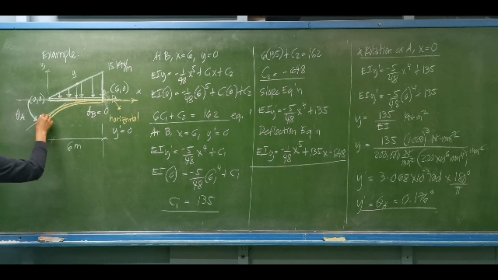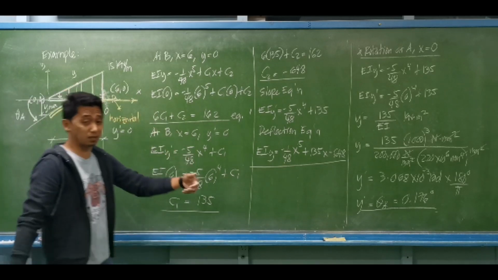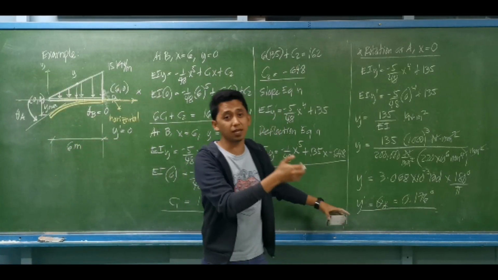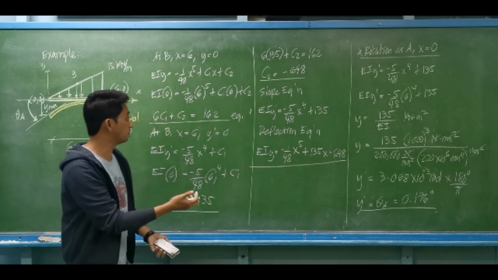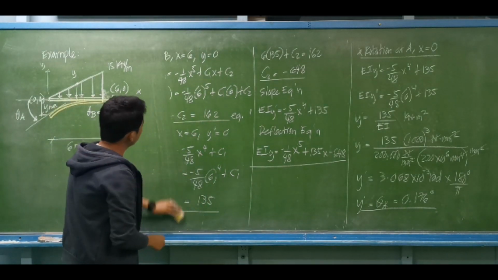And lastly, obviously our y max will be at A. This is the maximum deflection of the beam. Obviously kapag cantilever, the free end will be the maximum deflection. So let us compute.